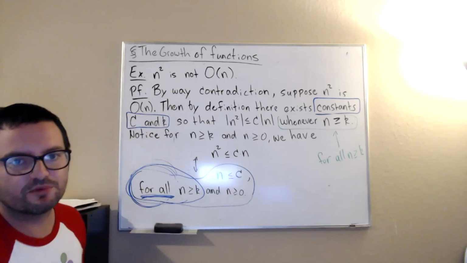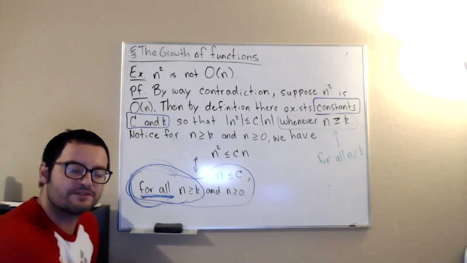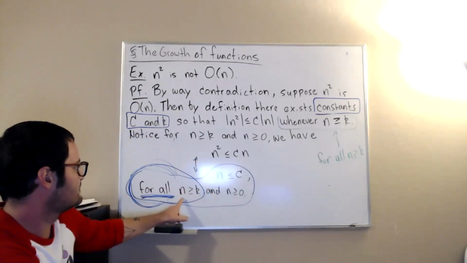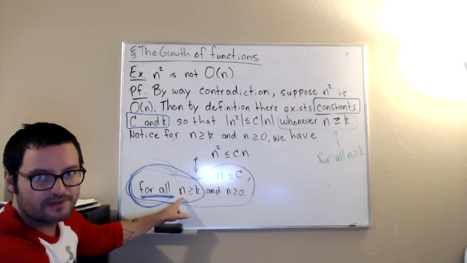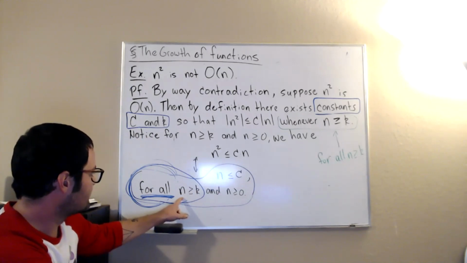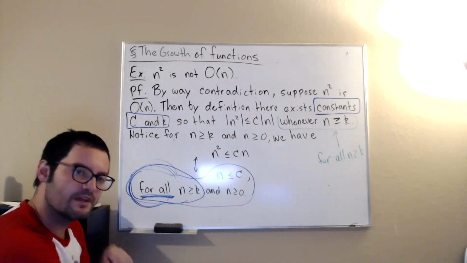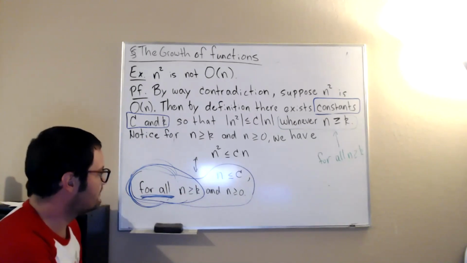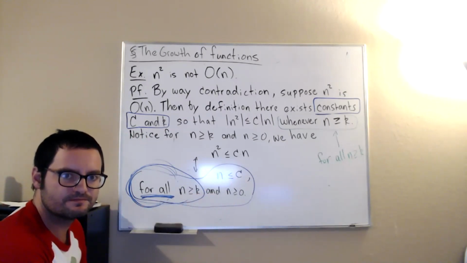What type of number is c? It's circled. Constant? It's constant. n is not constant. Right? For every n larger than k. So that means what? What does that mean about this inequality? Is it true or false?